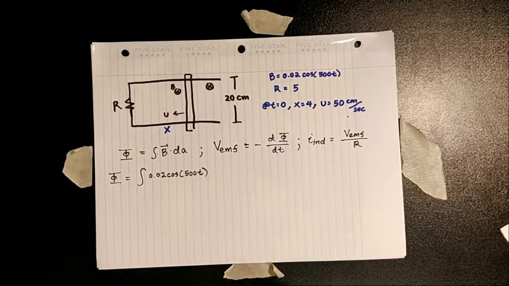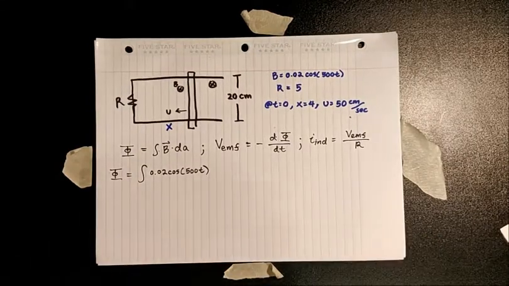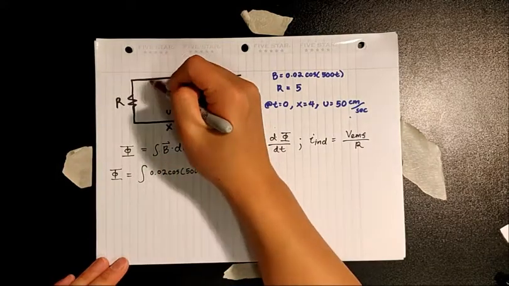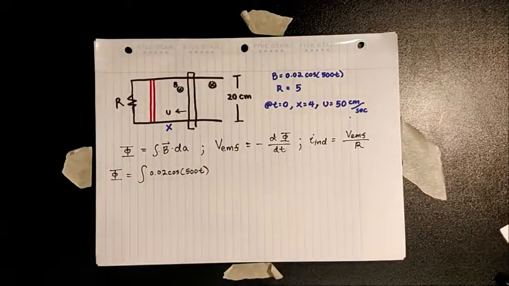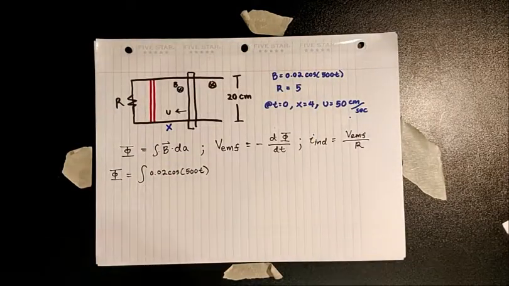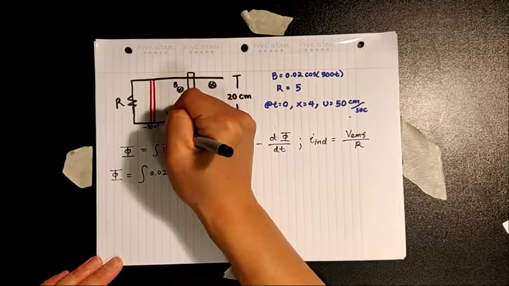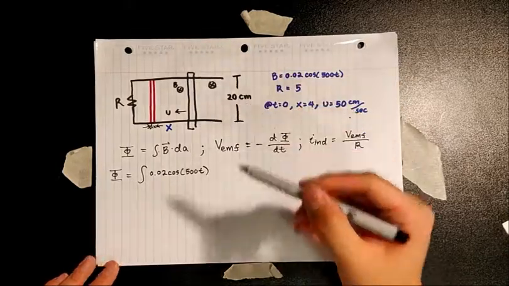So what is our typical element going to be in this case? The typical element that I'm going to be using is just little strips. And the length right here would simply be dx, while this length would be 20 centimeters.